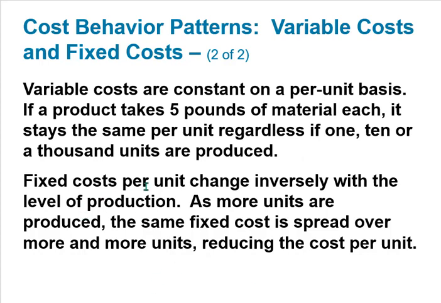And fixed costs will change inversely with the level of production. As more units are produced, the same fixed cost is spread over more and more units, so it reduces the cost per unit. When I get questions on this, or when I have to really think about it, I'll draw a graph, and that'll keep me straight.